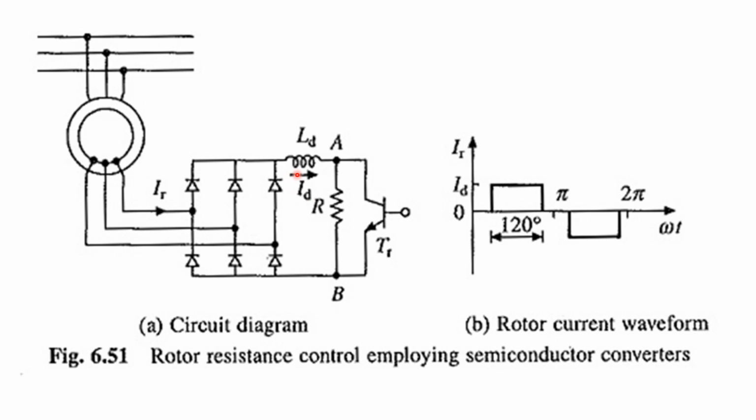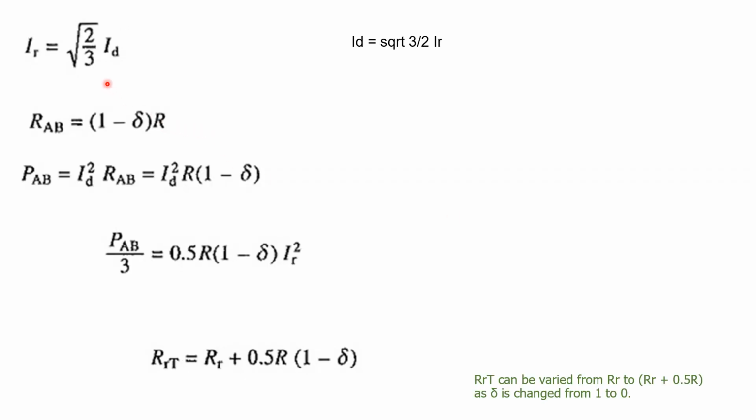The purpose of this inductor is to reduce the ripple content in the DC circuit. This is the rotor current waveform. By seeing that waveform, you can write the equation of rotor current as ID equals square root of 2/3 into ID, or ID as square root of 3/2 into IR.